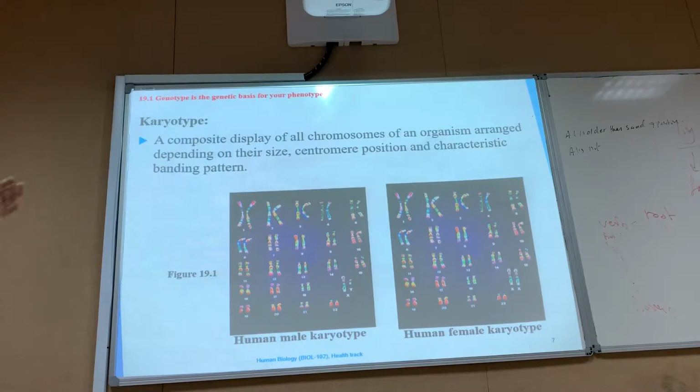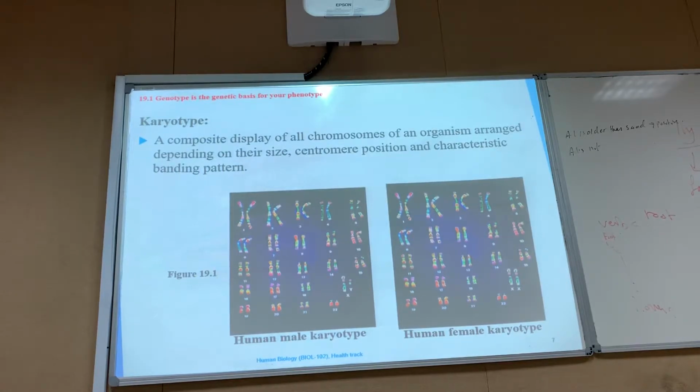This sort of karyotype is very helpful in identifying those types of diseases. So scientists or pathologists use this to identify diseases. If they find some symptoms, they will look at the karyotype and confirm it.